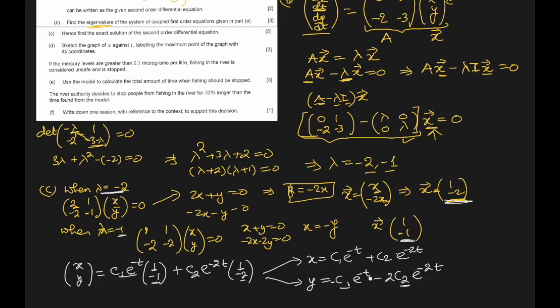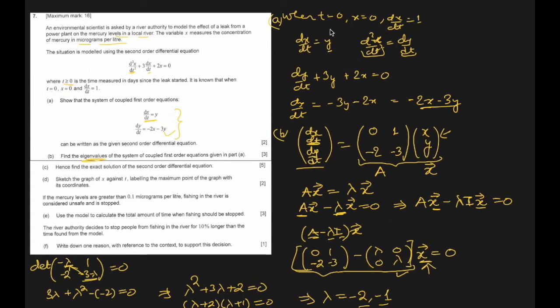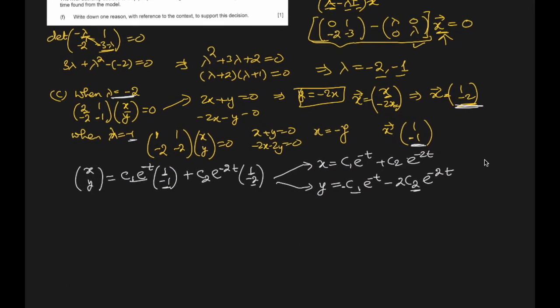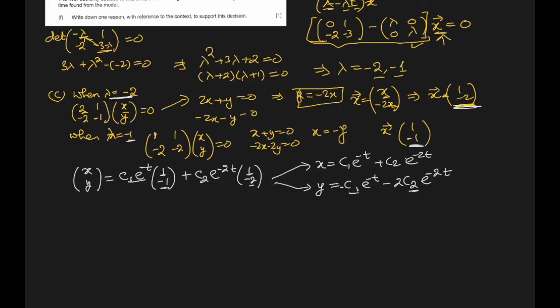We can't leave it with constants, so the condition they had given us earlier, let me show you again, this will help. When t is 0, x is 0, and dx over dt, which is y, is 1. This is what we will use here to find the values of c1 and c2. So we have x equal to 0, right?